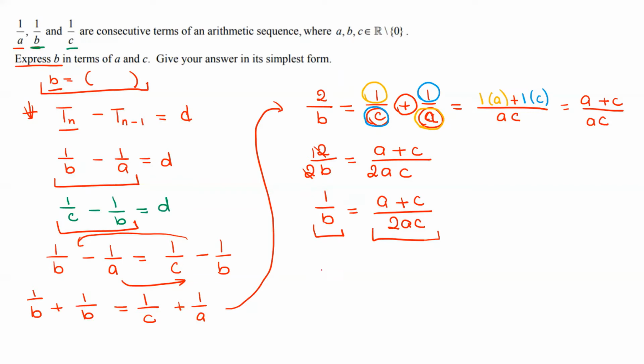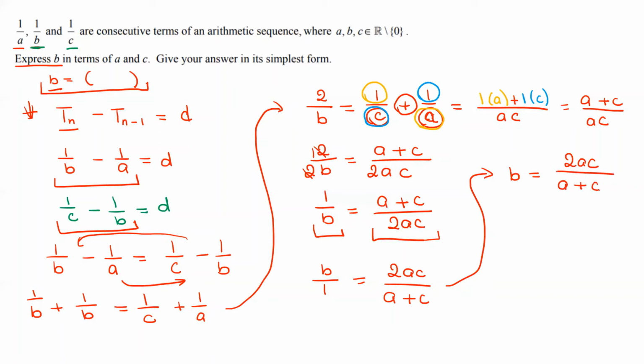So the 1 over b becomes b over 1, and the a plus c over 2ac becomes 2ac over a plus c. You can only do this when we have one fraction on one side and one fraction on the other. Now b over 1 is just b, so we're eventually left with b is equal to 2ac all over a plus c.